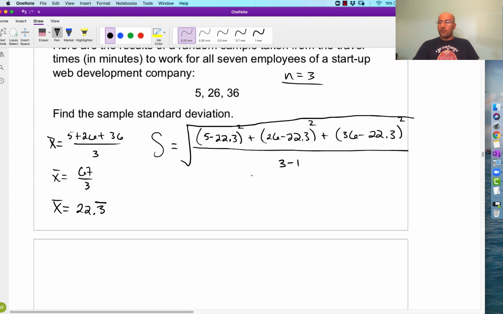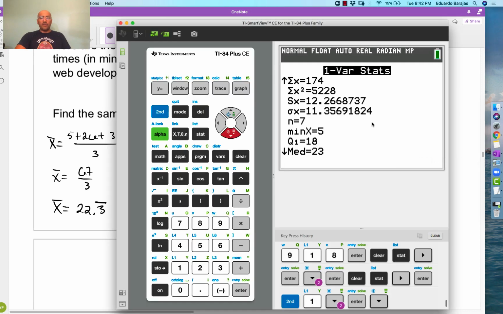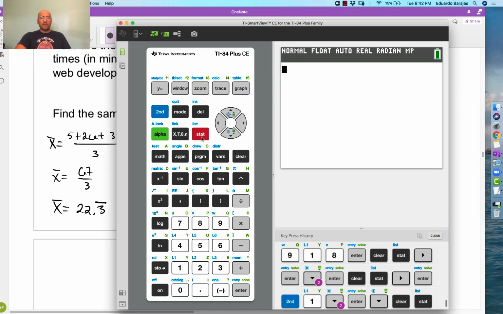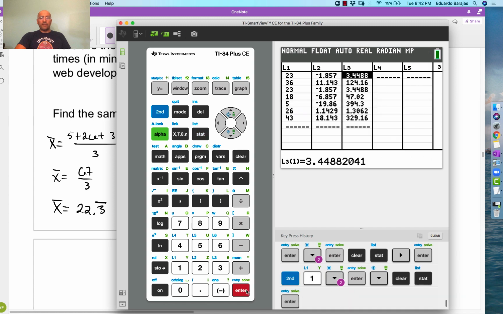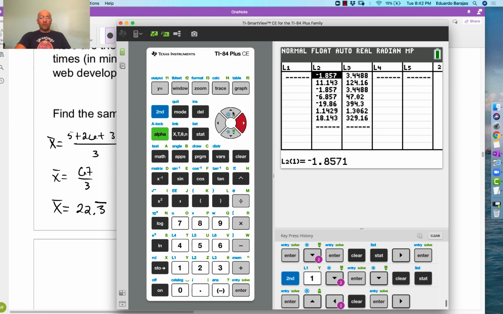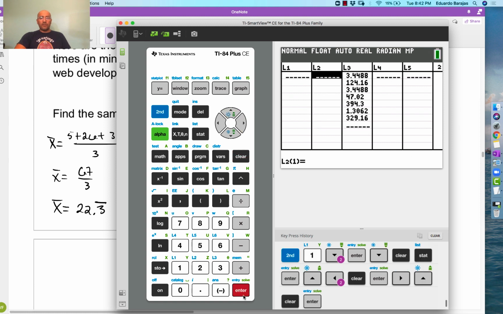Good? Okay, so there are only 3 numbers, so we could probably easily do it without the use of our column arithmetic, but just to practice, why not? So clear, stat, edit, hit enter. Let's get rid of this old stuff. We don't need it anymore. Clear, enter, go over here, up, clear, enter, over here, up, clear, enter.